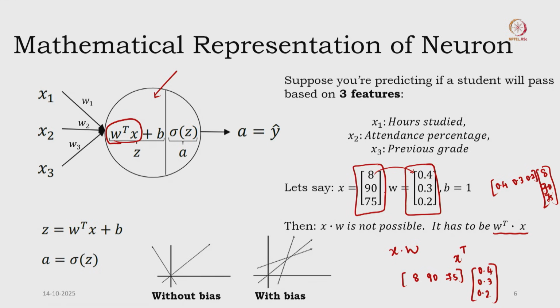And next comes the concept, there is B. The B is a constant that is being added to it. The very first understanding of why we require bias is this: if the values x1, x2, x3 are 0, then this whole term becomes 0.